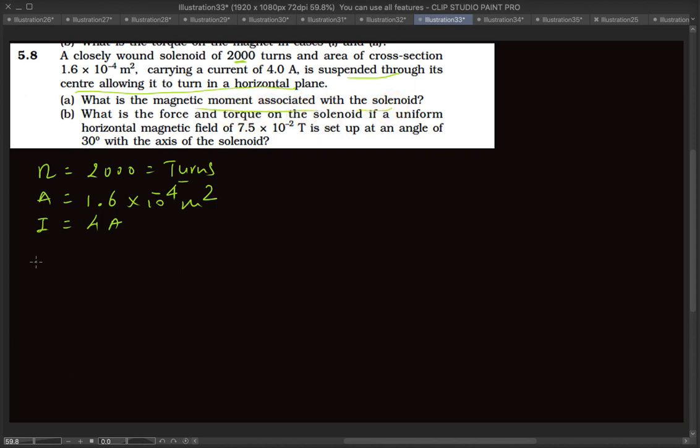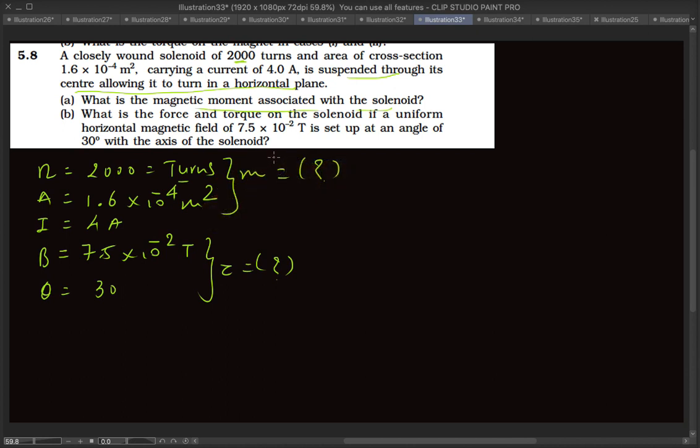And they have also asked us that if my magnetic field is 7.5 cross 10 to the power minus 2 teslas with the angle theta, which is 30 degrees. So by using this data, I have to find out the torque. First of all, they have just asked me to find the dipole moment.